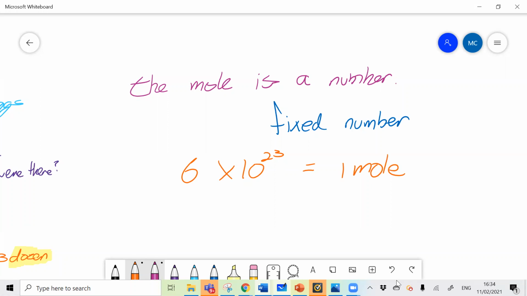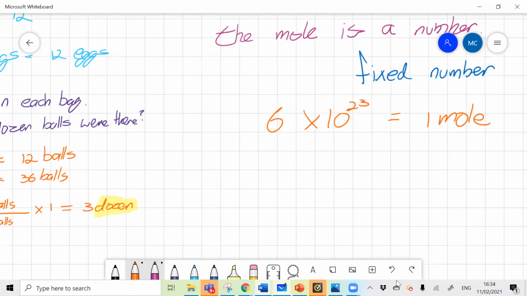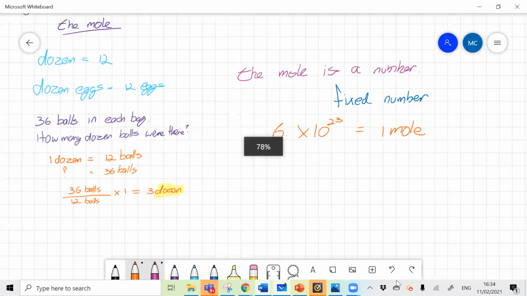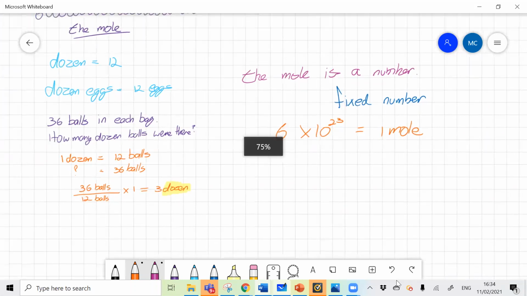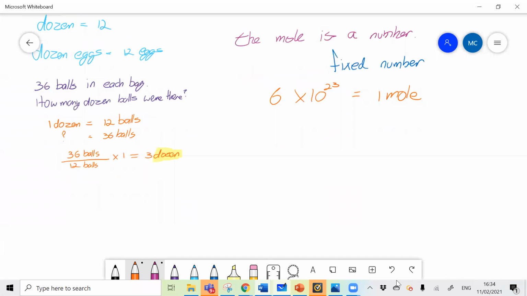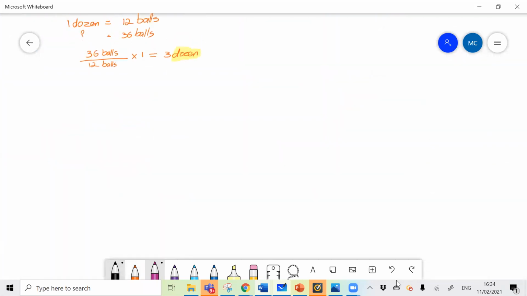Okay, so the same as what we have done with the dozen, we can use the same calculation and find the number of moles of particles. So for example, let's write an example here.